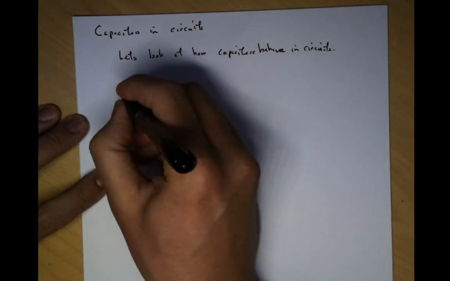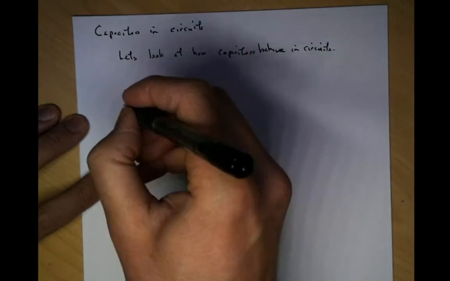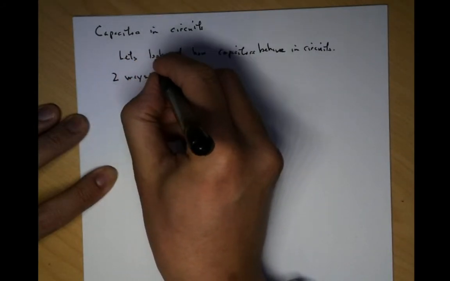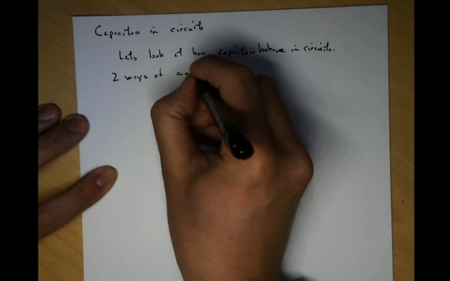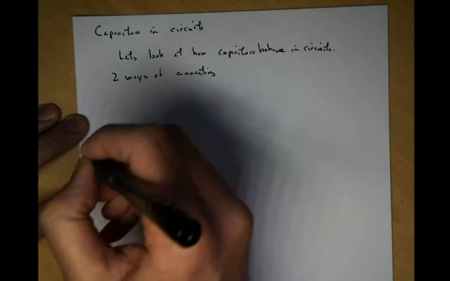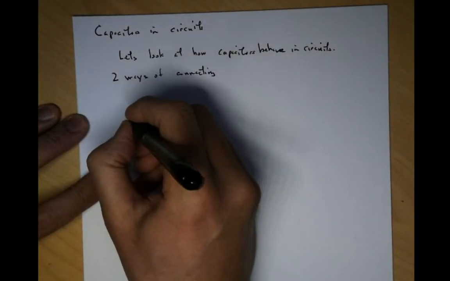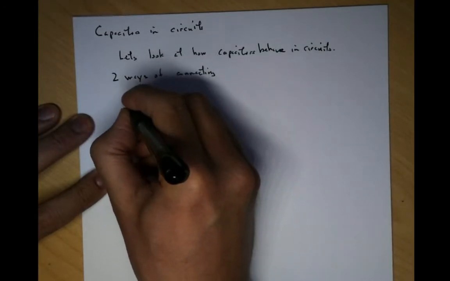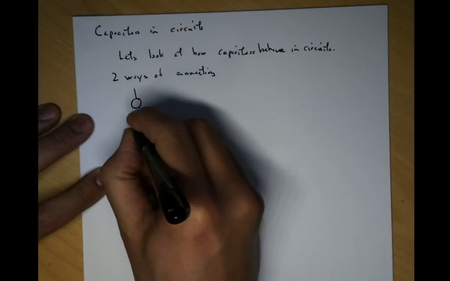So there are two ways of connecting stuff in circuits, all right? So two ways of connecting. The first way of connecting is that suppose you have basically an object like this. Call it just round things. We don't know what these round things do exactly.